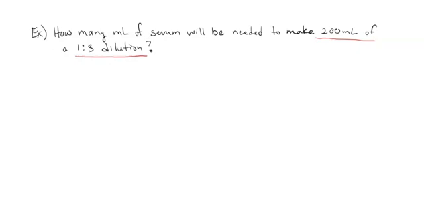Well, we're going to take the 200 and divide by 3, our dilution factor, to figure out how many milliliters are in each part.